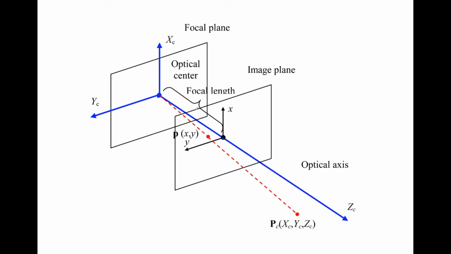And so if you increase the focal length, what happens? Well, the image plane is closer to the object in the world, and because these points converge to the optical center, what ends up happening is the image on the image plane starts to look bigger and bigger and bigger.